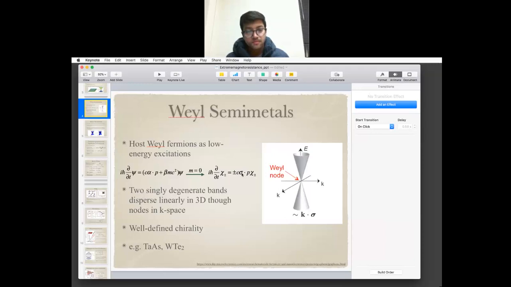And so you basically have two separate components, and they'll couple with your spin, or with a pseudo spin, which is a different degree of freedom depending on the system. But basically, along one of these bands, you'll only have a spin up character, and along another one, you'll only have a spin down.